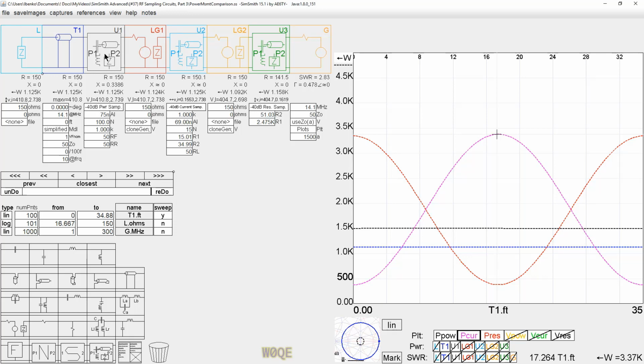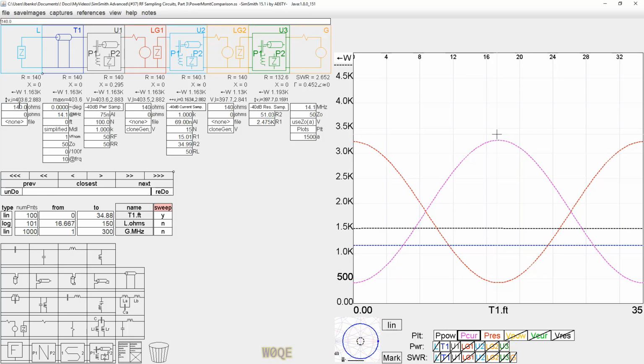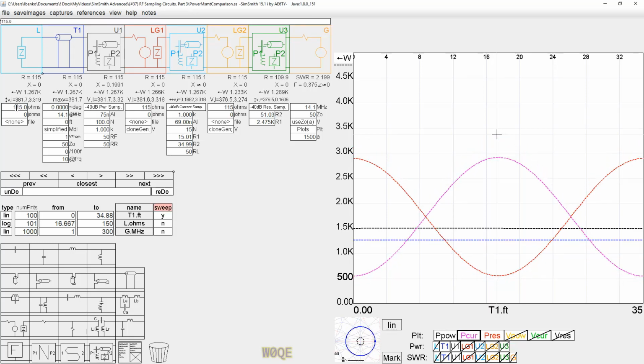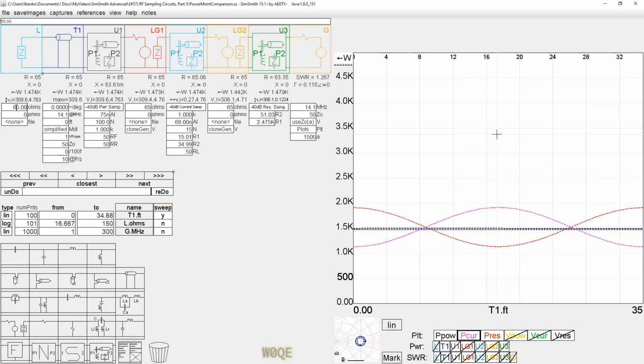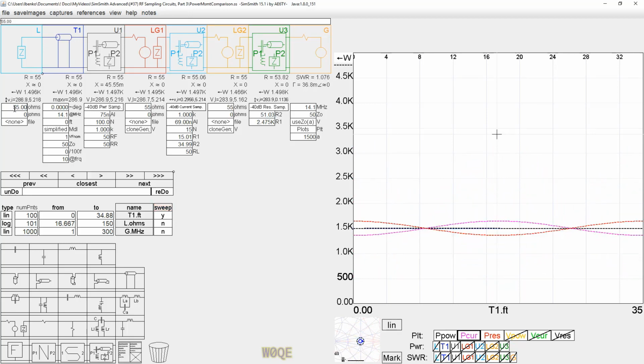The power sampler is actually interesting in that it reports the same power even if the SWR out here is something other than 1-to-1. We can change the SWR to be different values, and we can say that the current and voltage samplers would be probably tolerable to use. Well, 55 ohms is a 1.1-to-1 SWR.